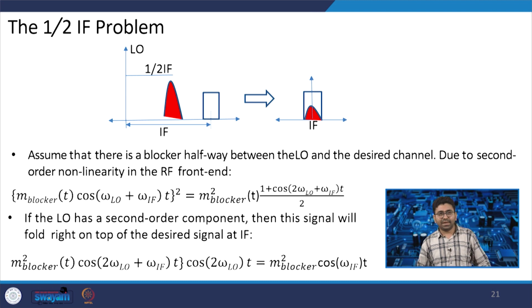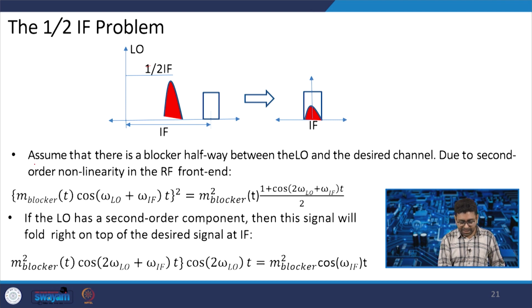Another problem in the LO is the half IF problem. If there is an IF frequency, and then there is a half IF, at the half IF there is an image.